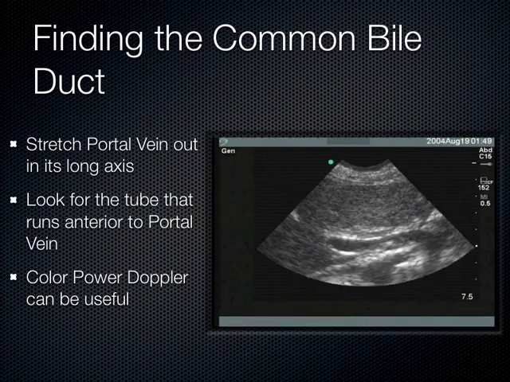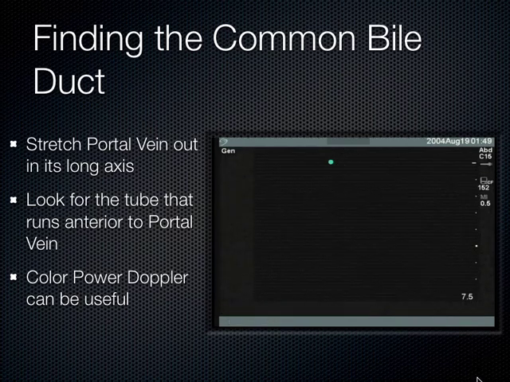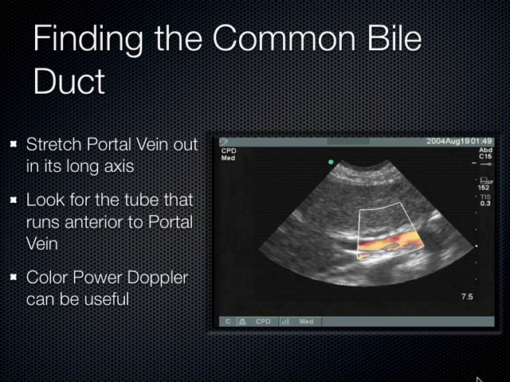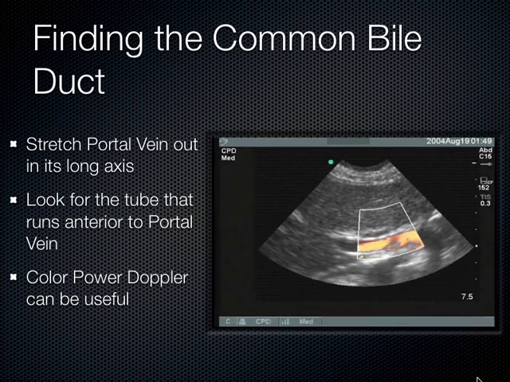I'm just going to back it up a little bit so you can see this without the flow on it. So this is the portal vein right here, and that structure just anterior to it, we're going to find it here in our models, is the common bile duct, okay? So I just put some power flow on there, so you can see the thing that lights up is the blood vessel, and the Doppler color will not pick up bile. The color was really designed to pick up the specular reflector that is a red blood cell.